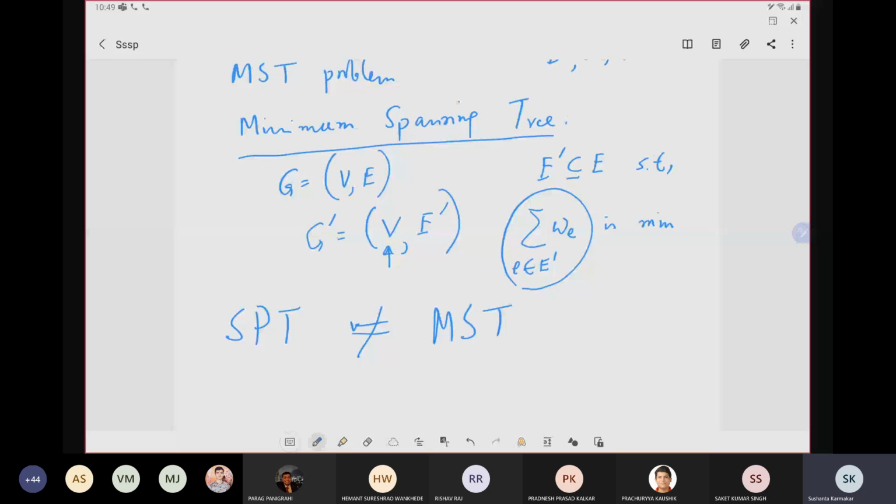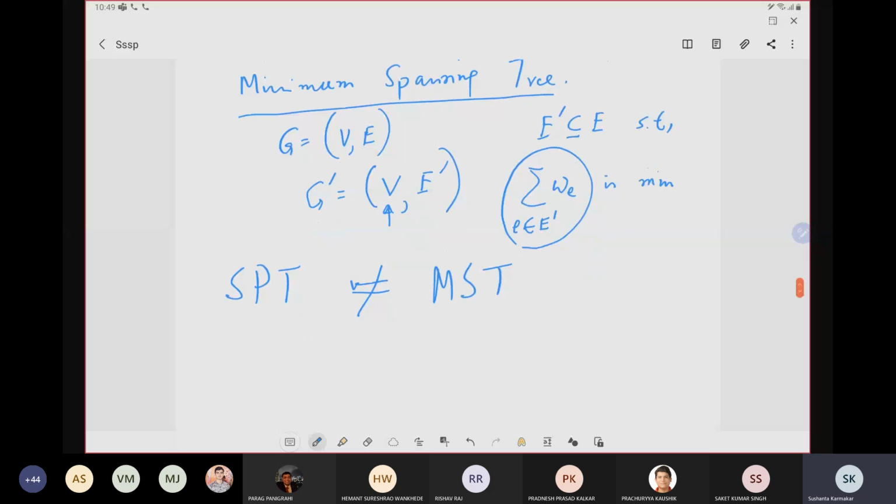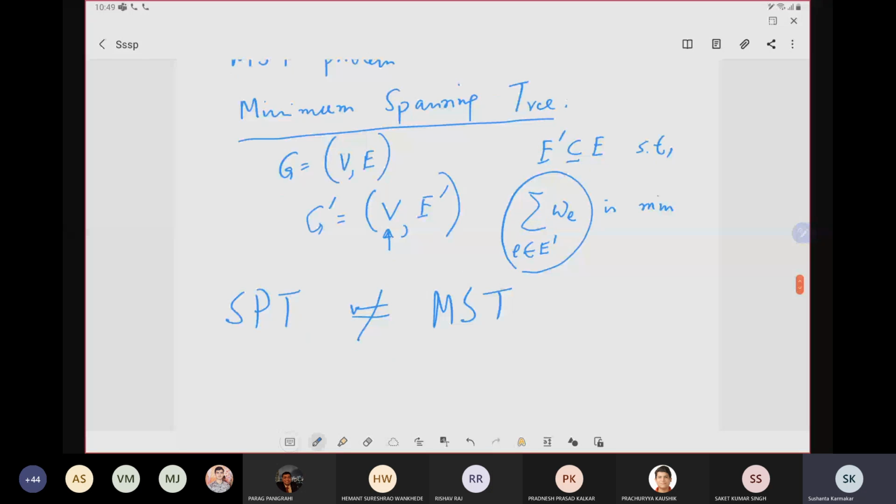We need to think of something different. So this is the minimum spanning tree problem. I hope I have been able to motivate you about the problem. So how to solve it? I leave it for today, and we'll take up the MST problem in the next class.